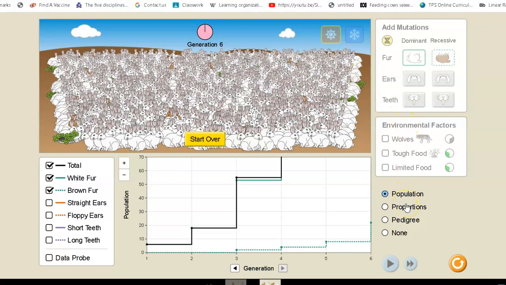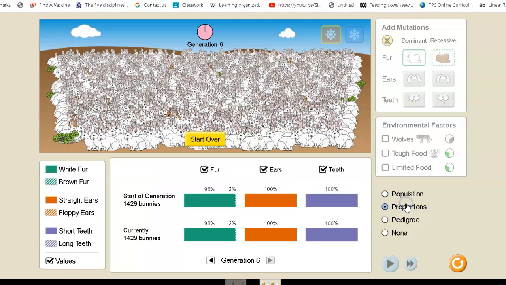So what does this have to do with what we're learning? It's all about the proportion. Beforehand, I had done it and it was 83%. It was by chance. It's not necessarily the way in the atomic world, but for right now, this is what we have. Out of 1429 bunnies, 2% of them are brown. That throws off the population just a tiny bit. Most likely your sixth, seventh, eighth generations are going to be white.